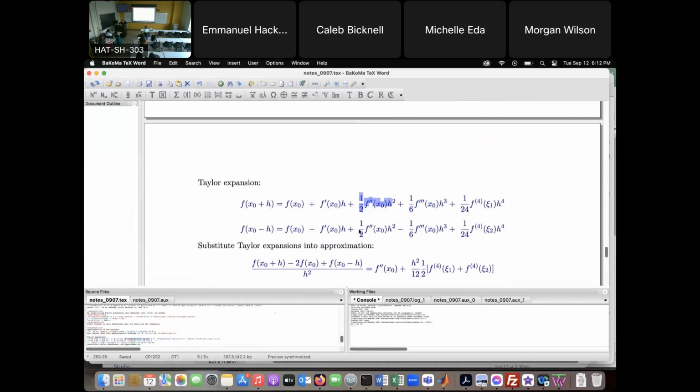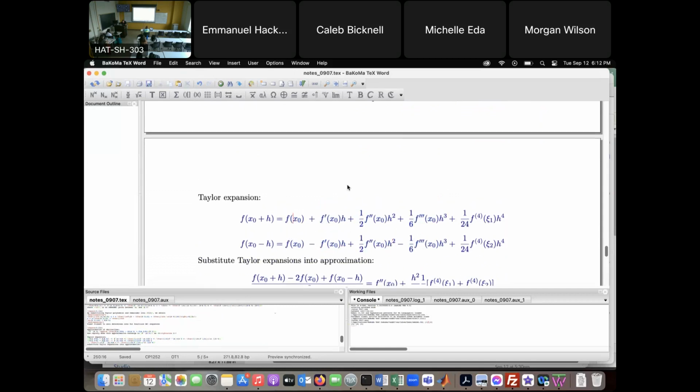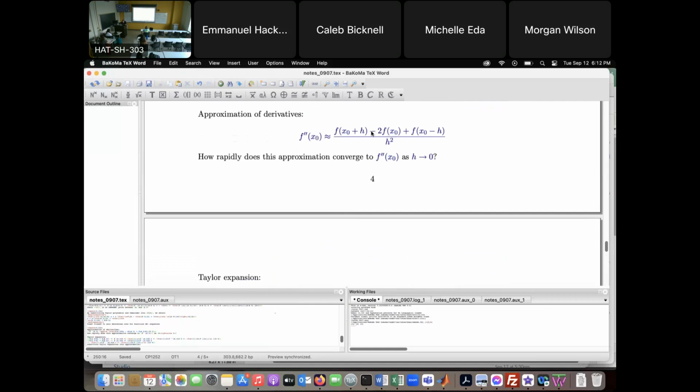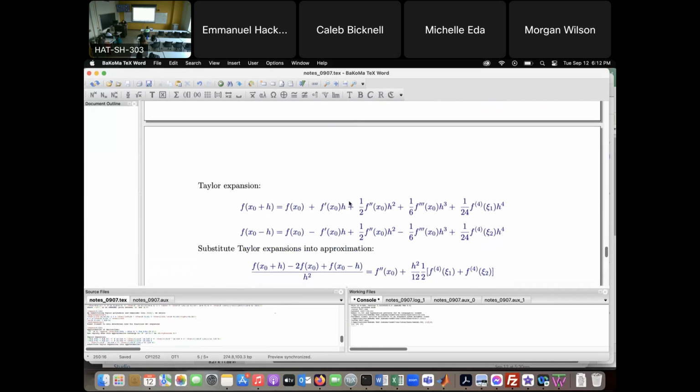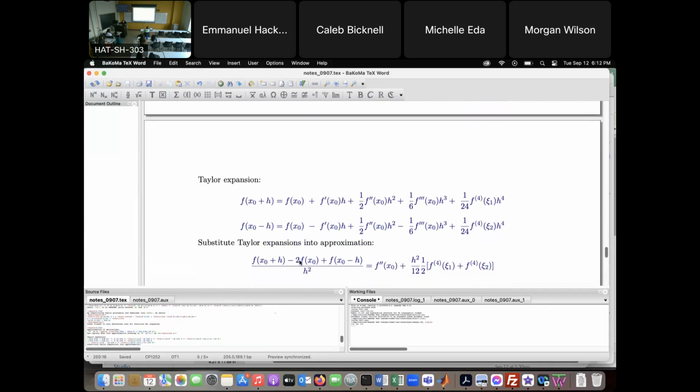These terms are going to add together, and these two will also add together. There's 2f of x naught, but then we have minus 2f of x naught here, that's going to cancel them. So a whole bunch of things will cancel, and what ends up being left is what I said this would converge to, f double prime of x naught.